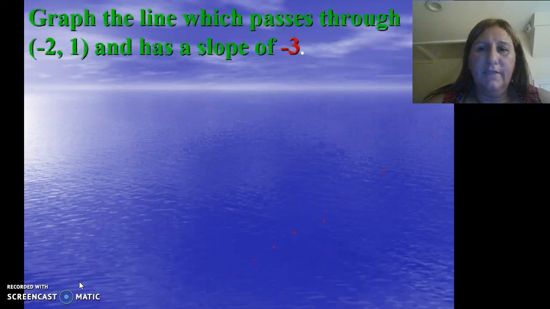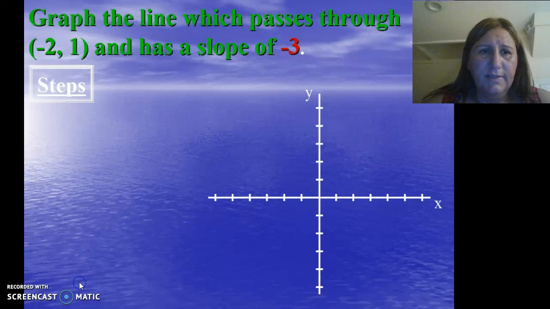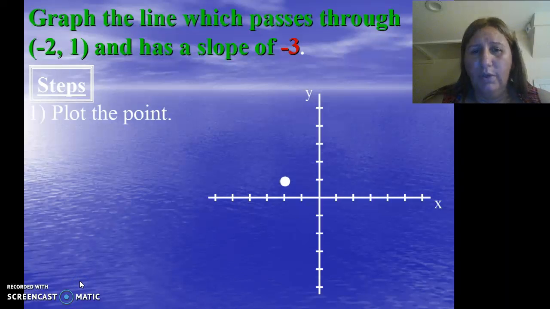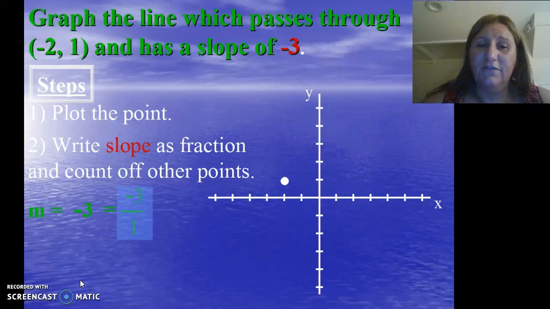Okay. In this example, you're going to be graphing a line that passes through negative 2, 1 and has a slope of negative 3. Same concept. We have the slope and we have a point. So we're going to start first by plotting the point, which is negative 2, 1. Your slope is negative 3. Remember, it's negative 3 over 1. You have to write it as a fraction.